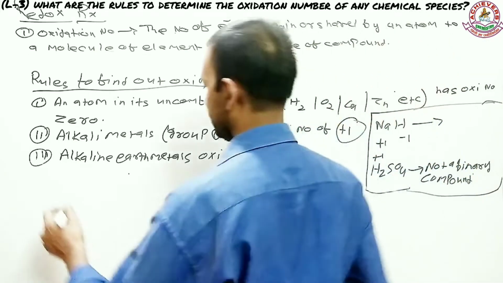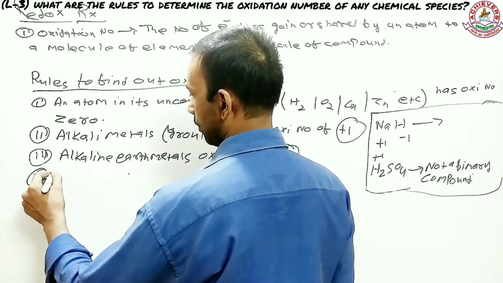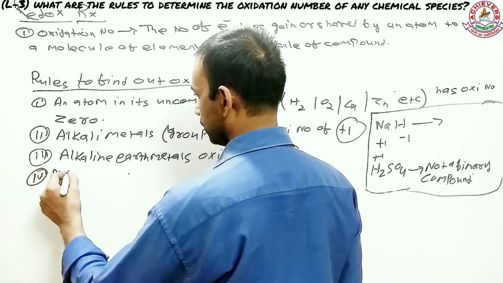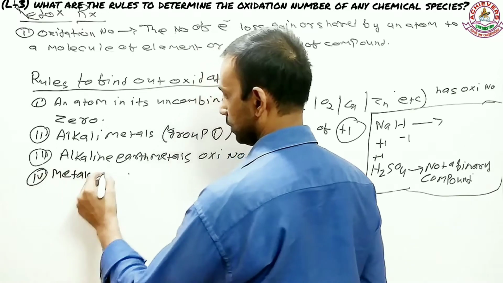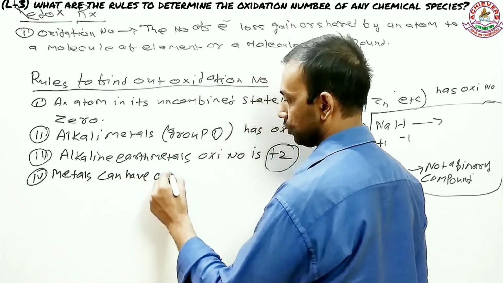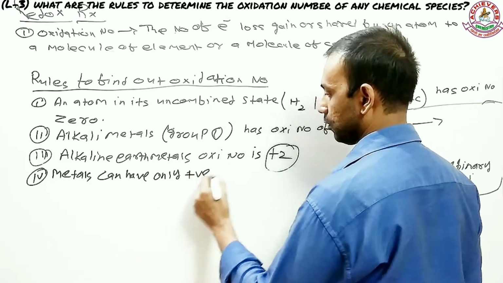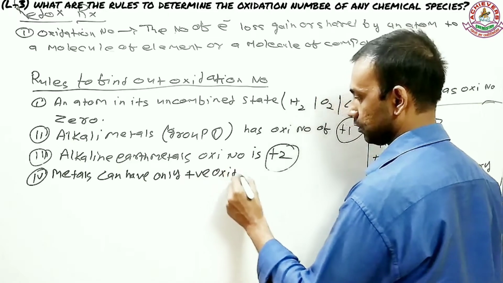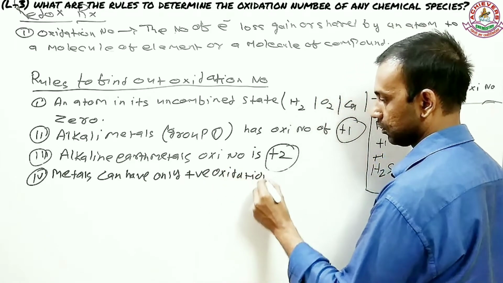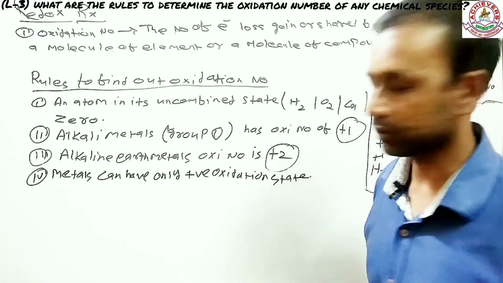The next rule, the fourth one, is that metals can have only a positive oxidation state. A metal is never going to have a negative oxidation state.